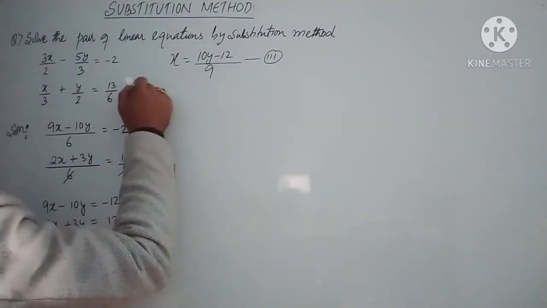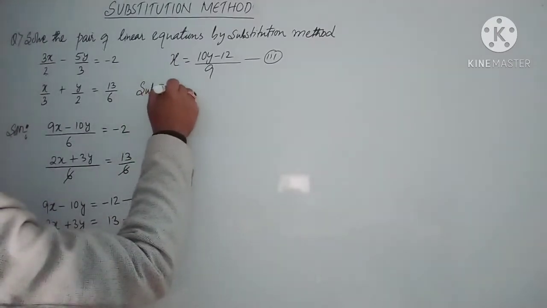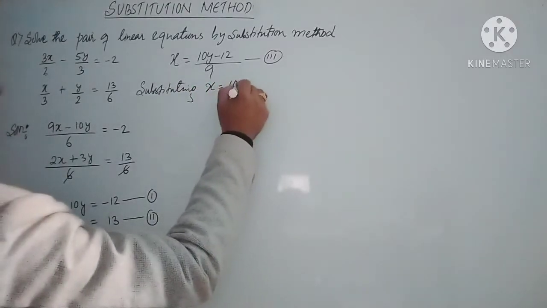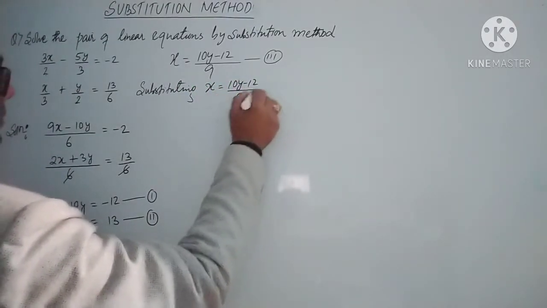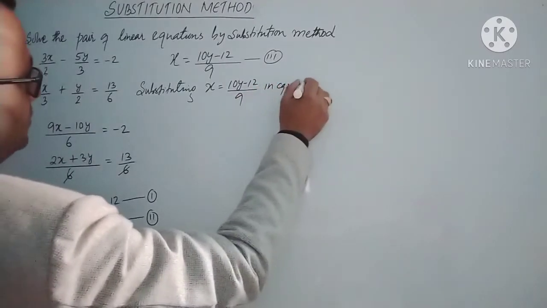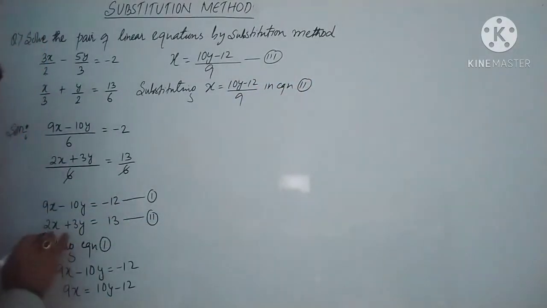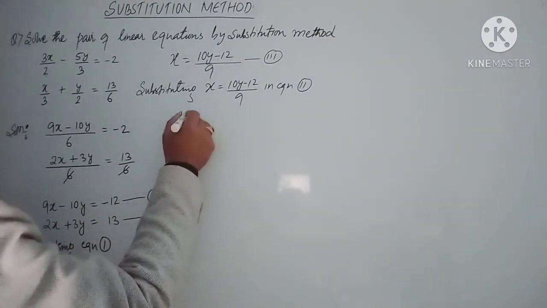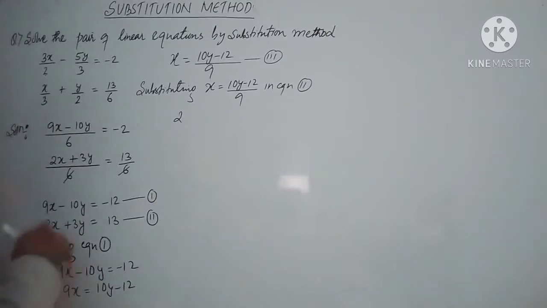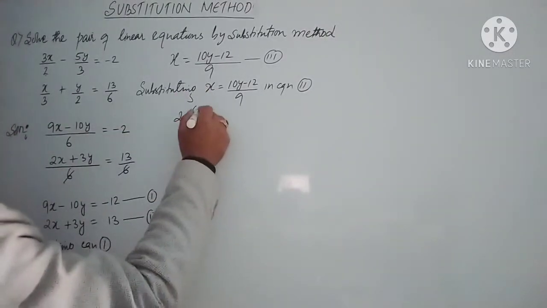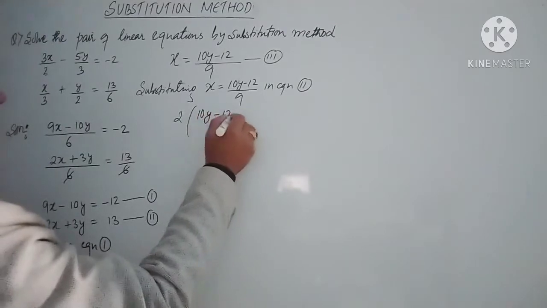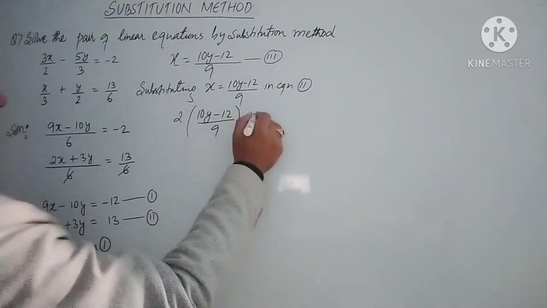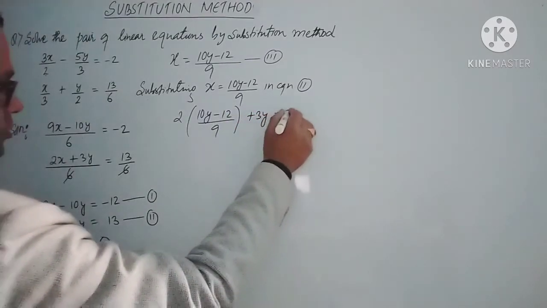Now substituting x equals 10y minus 12 by 9 in equation 2. So equation 2 is 2x plus 3y. So we'll write here 2 instead of x, 10y minus 12 divided by 9. So here is plus 3y equals 13.